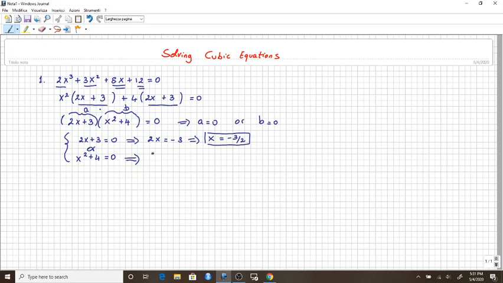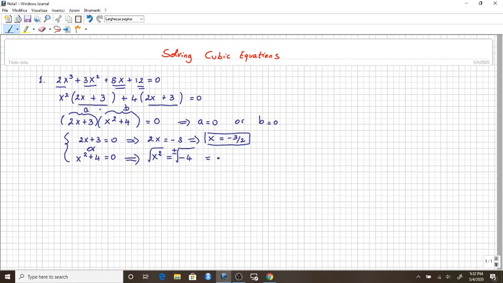So what are the solutions? Well, we can get x squared by itself. So we have x squared equal to -4. And now at this point, we can take the square root on both sides, and remember to place a plus and minus sign in front. And now recall that the square root of a negative number becomes i.